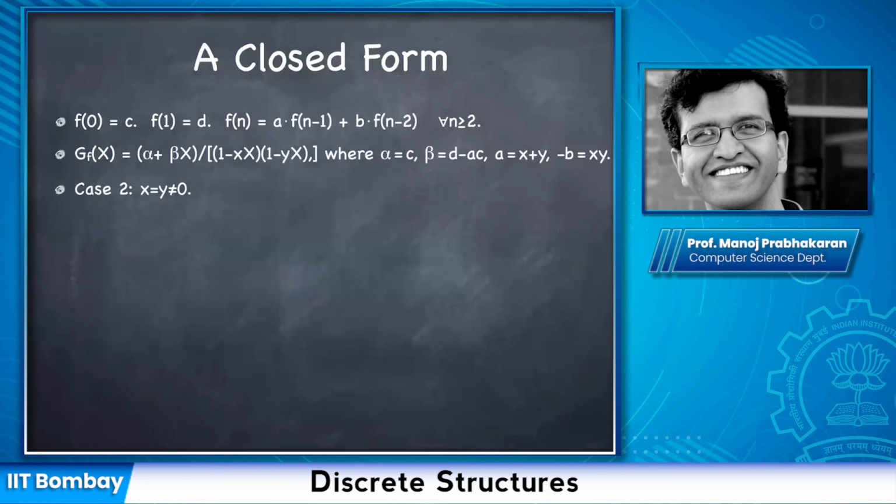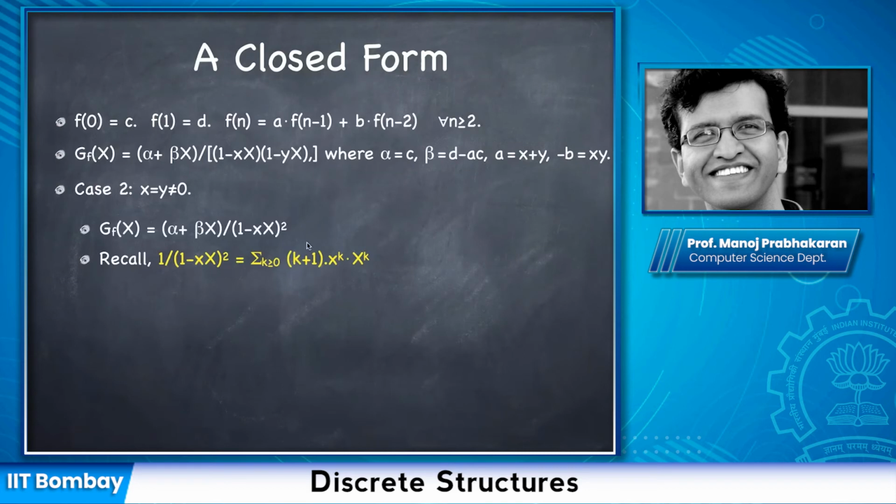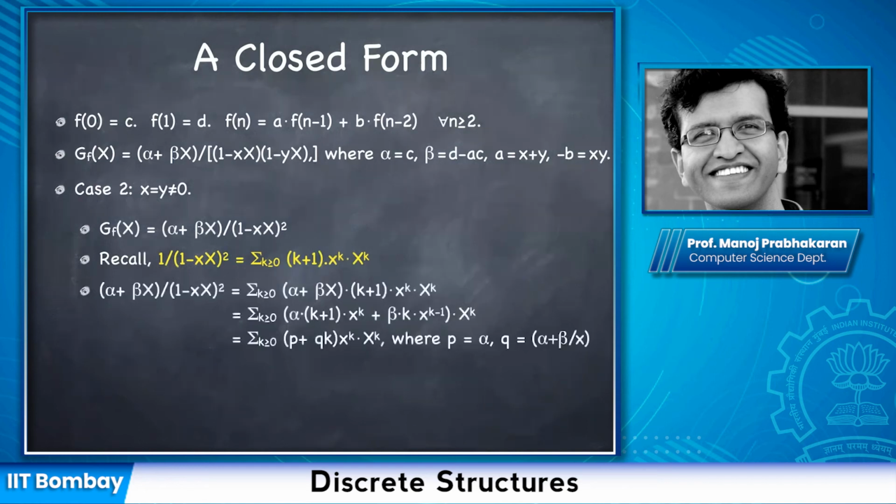And the case for x equal to y is somewhat similar. So in this case, instead of 1 minus xX times 1 minus yX, you have 1 minus xX the whole square. But you can use the binomial theorem again to expand it. And now there is an extra factor of k in the expansion. And when you plug it in, that factor of k shows up.